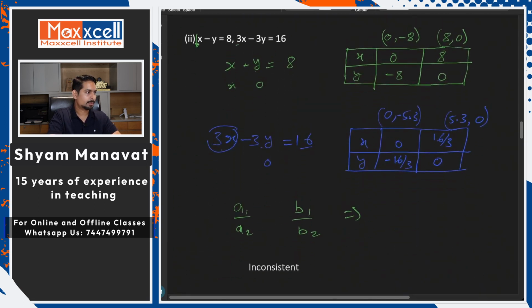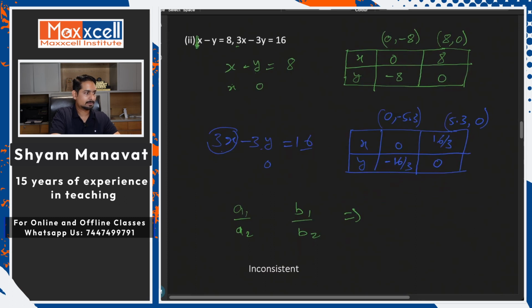Come back. Yes, the coefficient of x here is 1 and the coefficient of x in the second equation is 3. If you look at the coefficient of y in the first equation, taking the sign, that is -1, and the coefficient of y in the second equation is what? -3. Yes. If you take the ratios a1 upon a2 and b1 upon b2, both of them are 1 upon 3 and 1 upon 3.